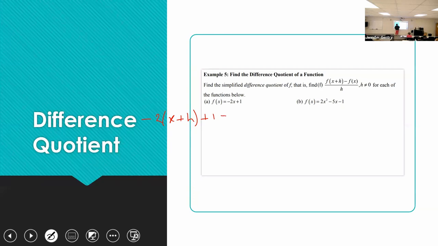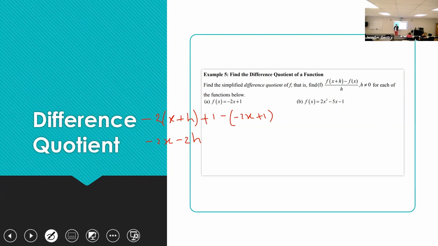So, take my minus 2. I can distribute that, right? Minus 2x plus minus 2h, or minus 2h. Negative 2 times x plus h, plus 1, minus the original function, minus 2x plus 1.